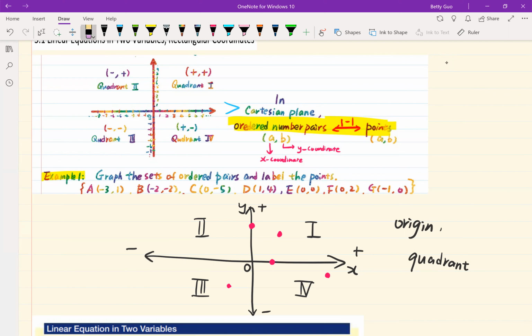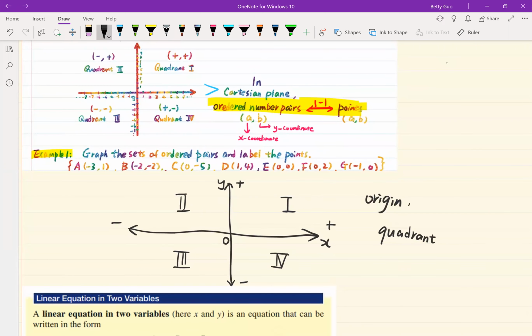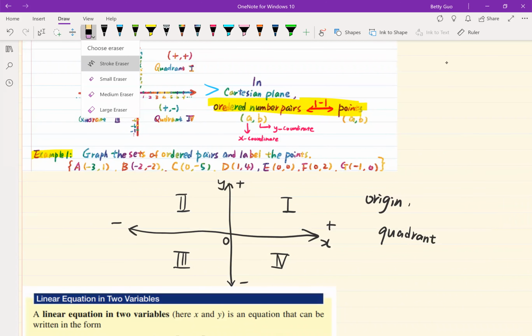We define the points on the plane in a rectangular coordinate system by an ordered number pair.